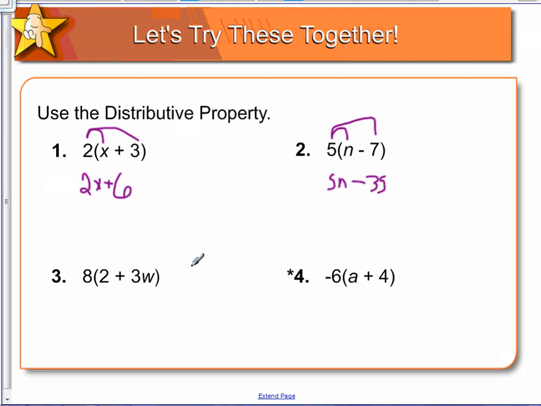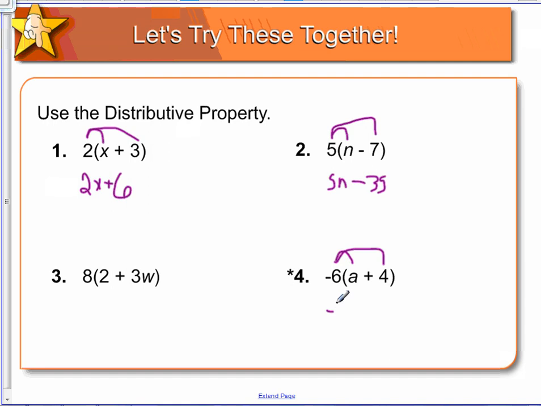You can try number 3 on your own, but I'm going to skip ahead to number 4. Number 4 is unique because it has this negative sign in front. All right, so we're going to have to carry that negative sign while we're multiplying.